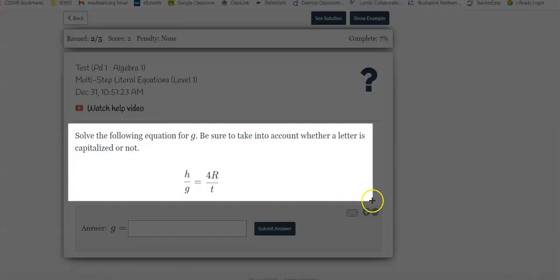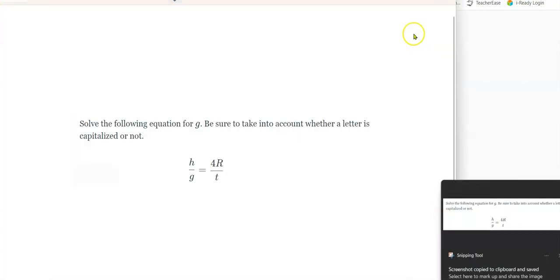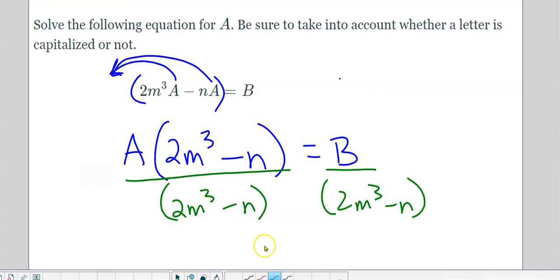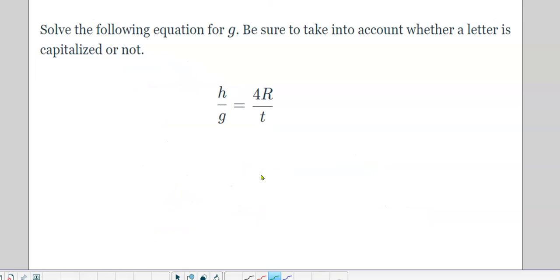All right, let's take a screenshot of this one here. Solve for letter G. So here we go, new page. All right, looks like G is part of a denominator. So what I'm going to do is remove these fractions on both sides here.